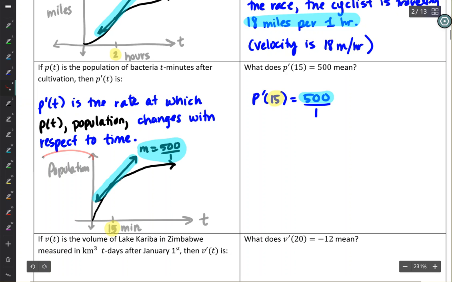Those are population units over time units, so number of bacteria over my t units, which in this case is minutes.